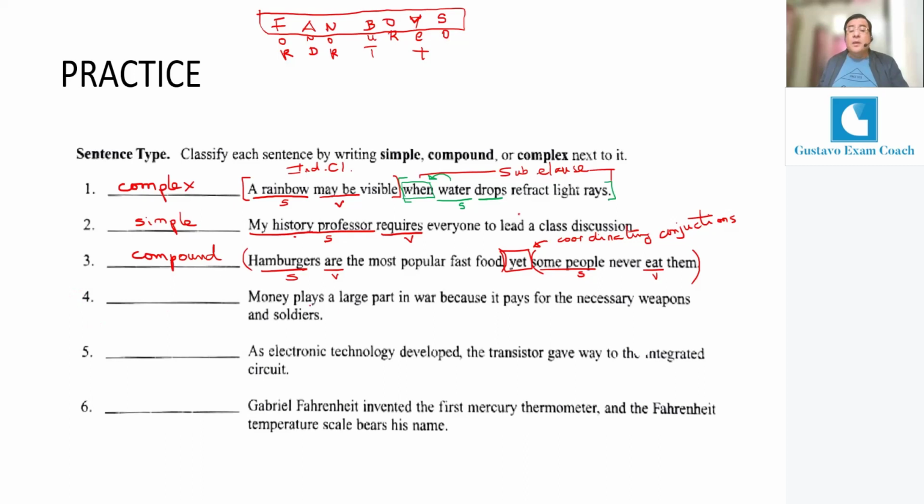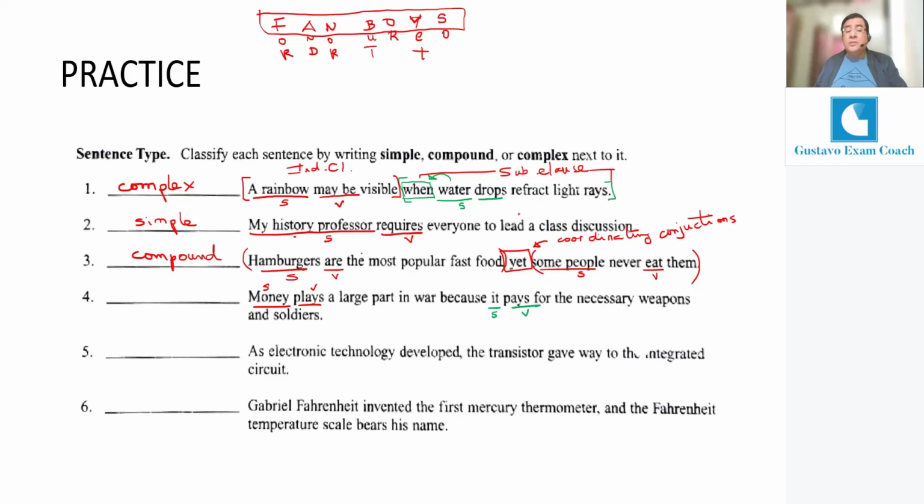Number 4. Money plays a large part in war because it pays for the necessary weapons and soldiers. Okay, notice here is money, the subject, plays, the conjugated verb. Is there any other subject here? Yes, you can see it: it, the subject, pays, another conjugated verb, and that's it.